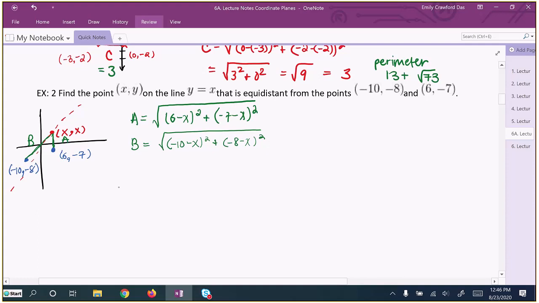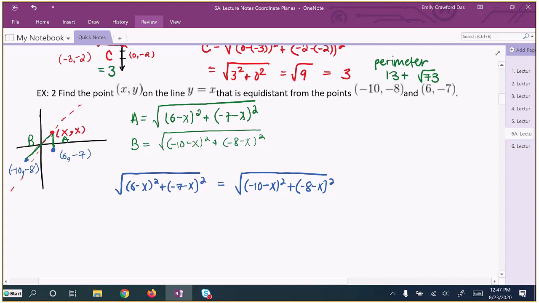How do I do that? Well, I'm going to set them equal to each other and try to solve for x. So I want 6 minus x squared plus -7 minus x squared equal to -10 minus x squared plus -8 minus x squared.